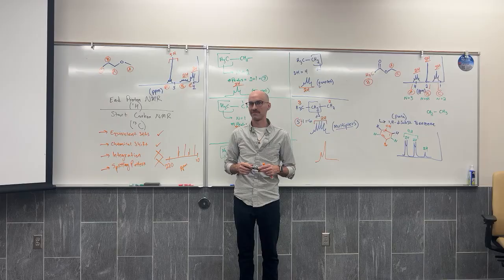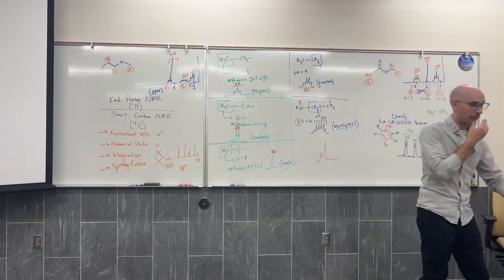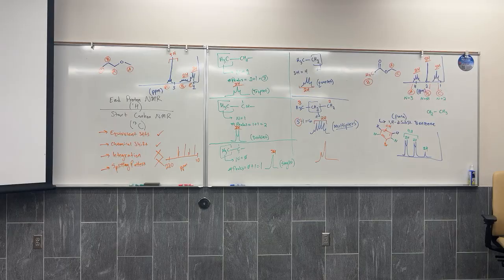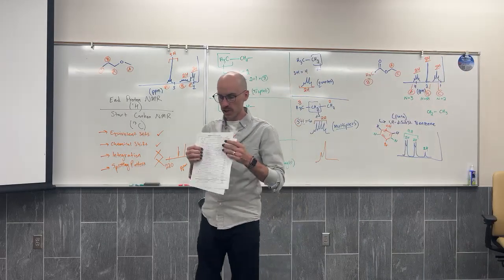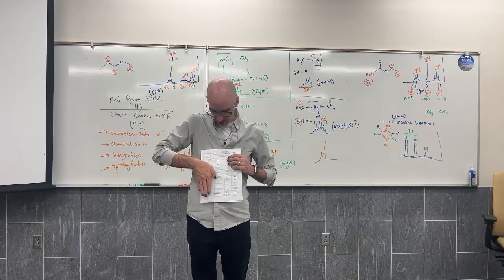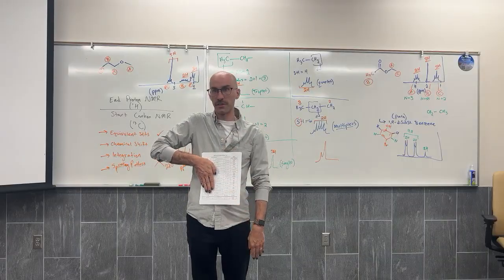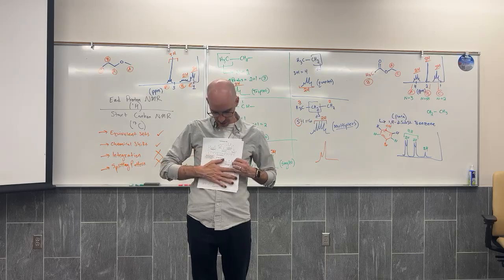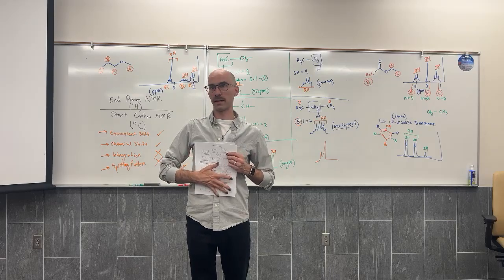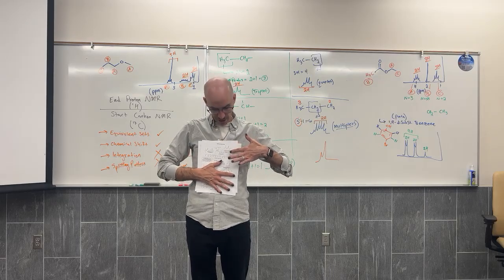On our exam, will we have the correlation tables? You will have some, and you'll have versions of them. I encourage you to look at the practice midterm, because those are the tables I'll give. We're going to talk about IR tomorrow, and you'll get most of the IR, just not the structures. You will only get the proton NMR, not the mass spec and not the carbon NMR, and it won't have any words.